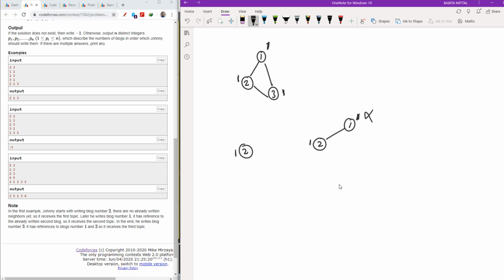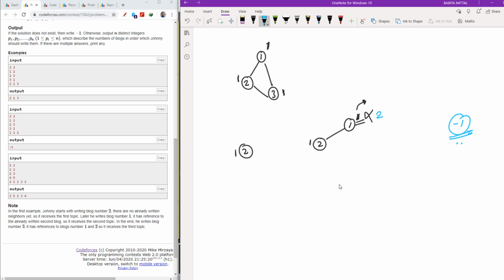But here 1 is not possible because I wanted some value which is minimum, but it should not be in its neighbors. So the first thing which strikes my mind is that it can't be 1, it should be 2, but it is 1. So my answer is not possible, which means I will print -1.